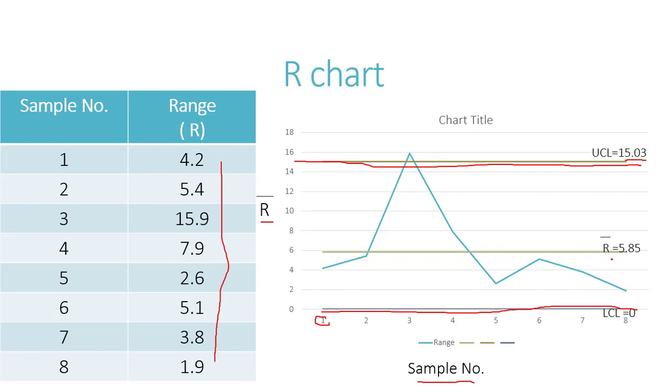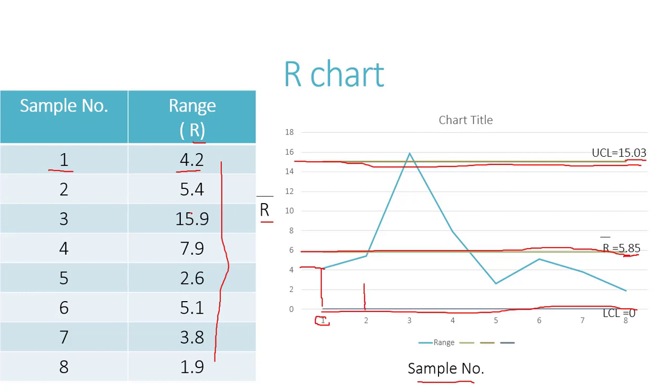The value of R bar is 5.85. So we will draw a horizontal line passing through 5.85. After drawing these three lines of upper control limit, lower control limit and R bar, we can now put the values of R with respect to each sample number. The first sample number has a value of 4.2. So we will put a point at 4.2 at the first sample number.